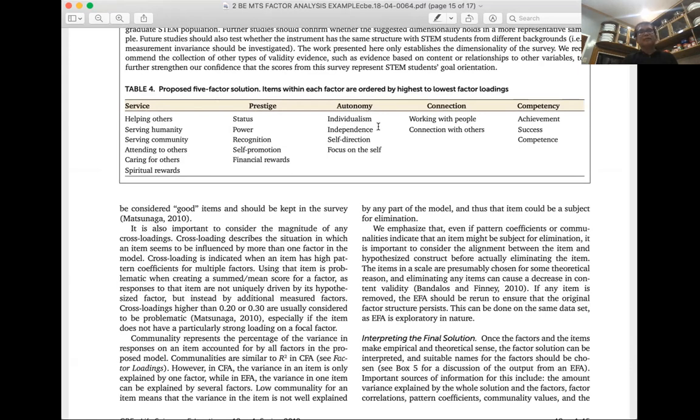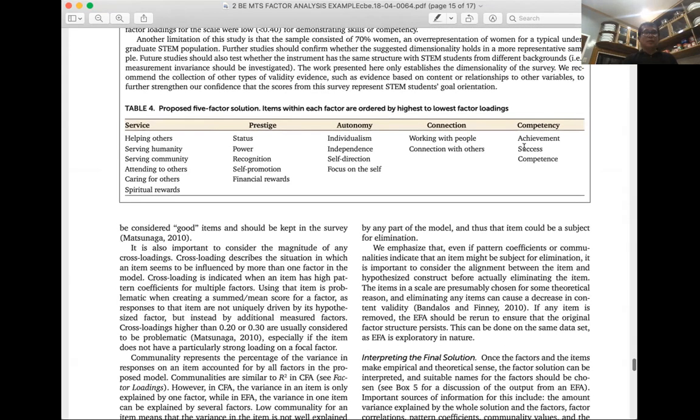Autonomy: individualism, independence, self-direction, focus on the self. Connection: working with people, connection with others. Competency: achievement, success, and competence. So these are the new names of the factors.